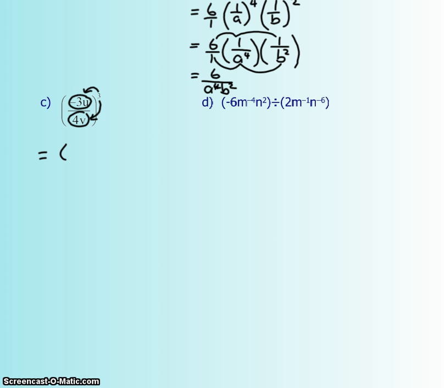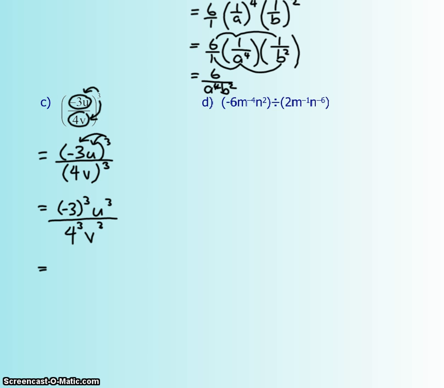So it should look something like this, divided by 4v cubed. Now remember, the 3 is going to affect the negative 3 and the u. So we have negative 3 cubed, u cubed. And then we have the 4 cubed and the v cubed.